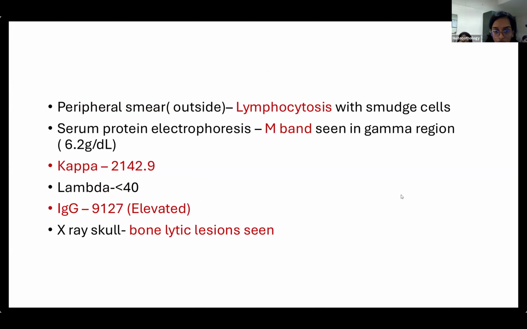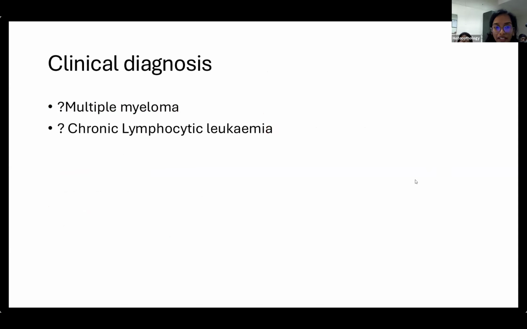Serum protein electrophoresis showed an M-band in the gamma region with 6.2 grams per deciliter. Kappa and IgG were highly elevated, lambda reduced. X-ray skull showed bony lytic lesions. So their clinical diagnosis was multiple myeloma and chronic lymphocytic leukemia.